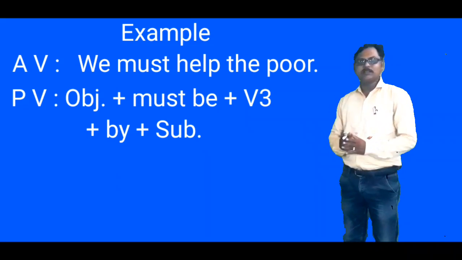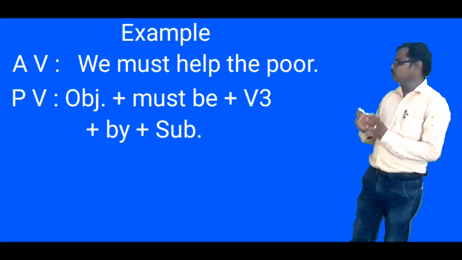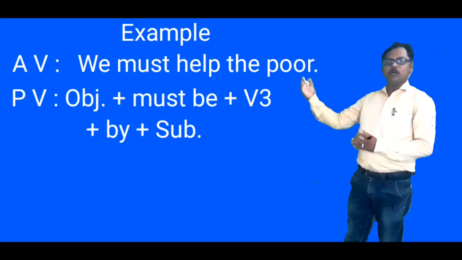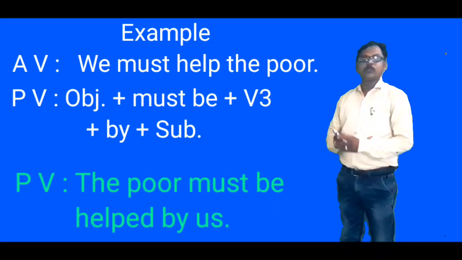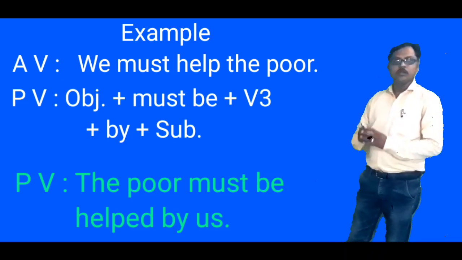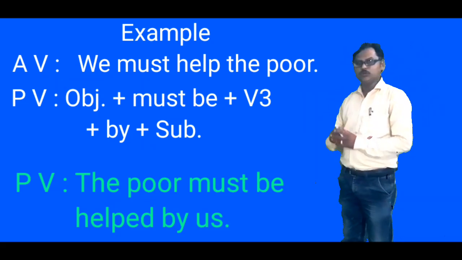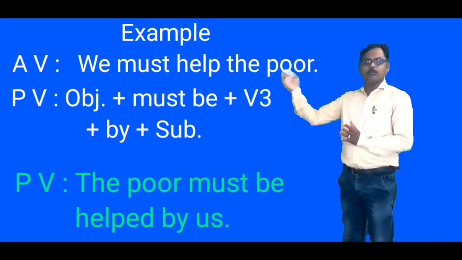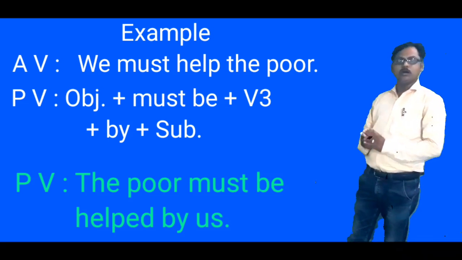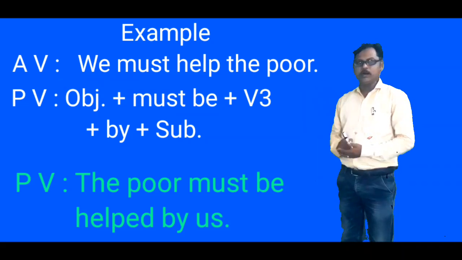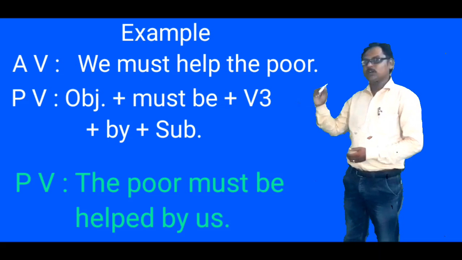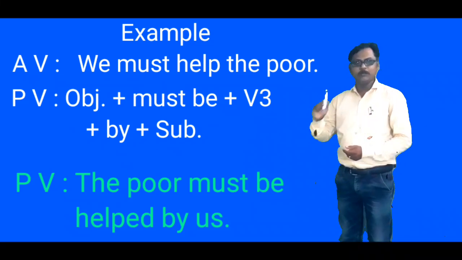So first we take the object, the poor. Then we use the same modal, must: the poor must. Then we use be: the poor must be, and then the third form of the verb, helped.